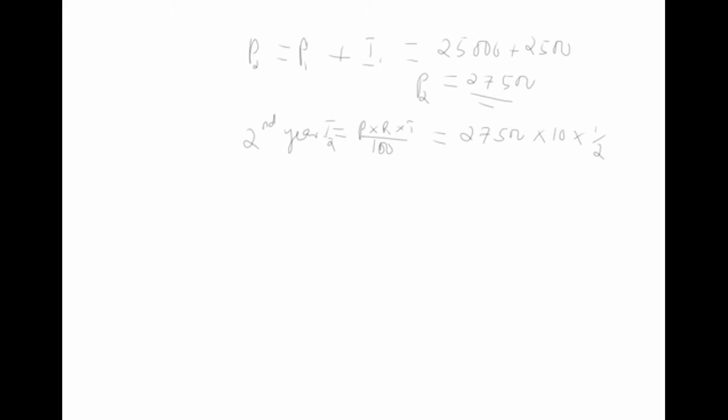Then we divide by 100. So we have by 2, 1 by 2, 5. We cancel these zeros with these zeros. So we have 275 times 5. This one gives us 1,375 shillings.